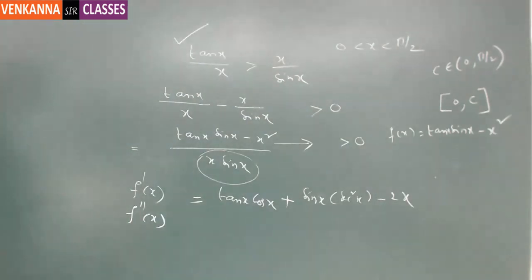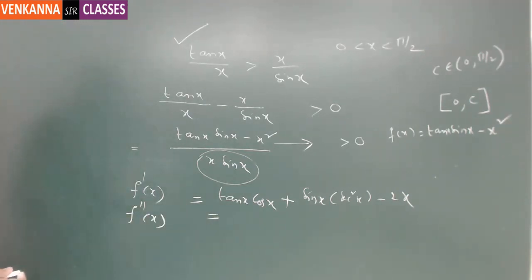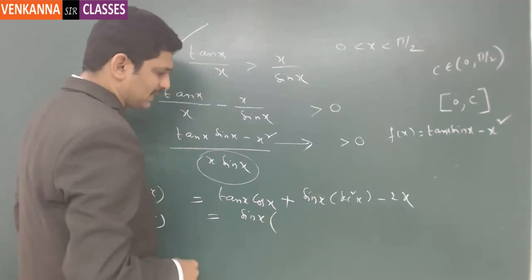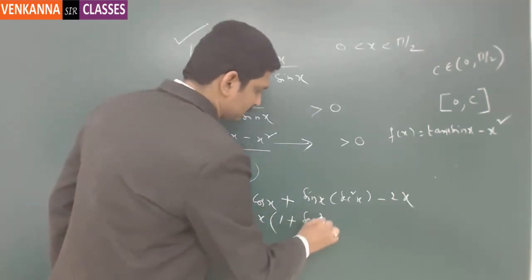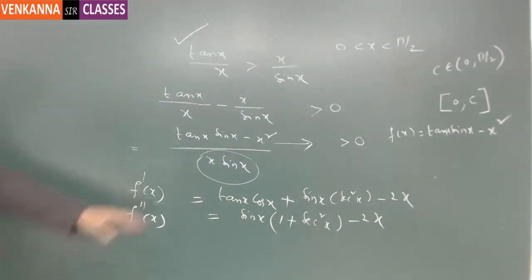Agreed? Now you can simplify this also. You can take sin x as common. Here you will get sin x into 1 plus secant square x minus 2x.